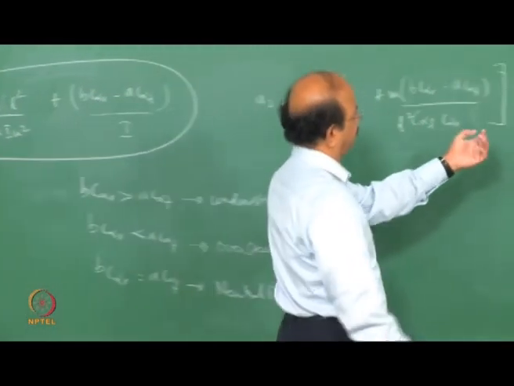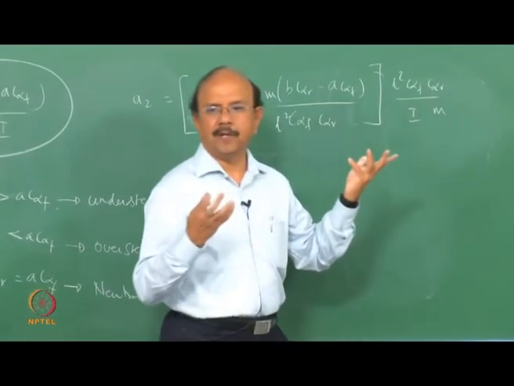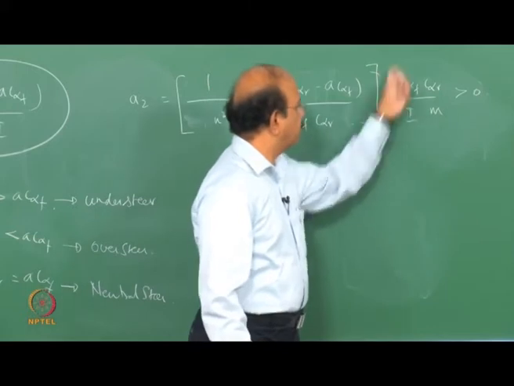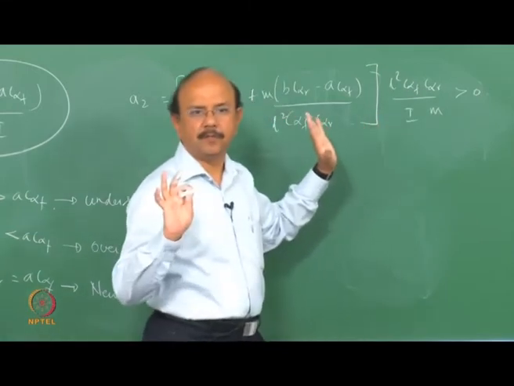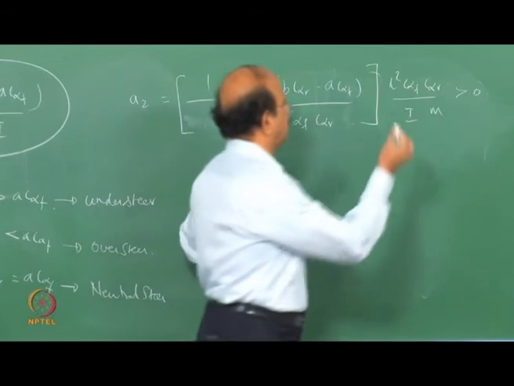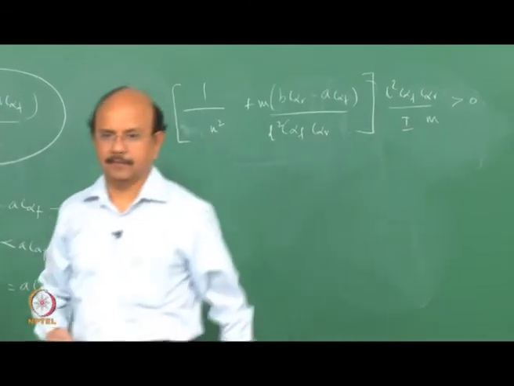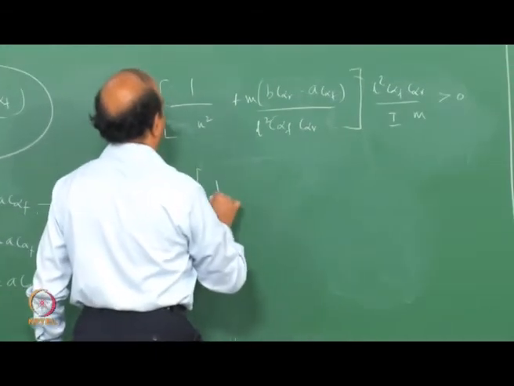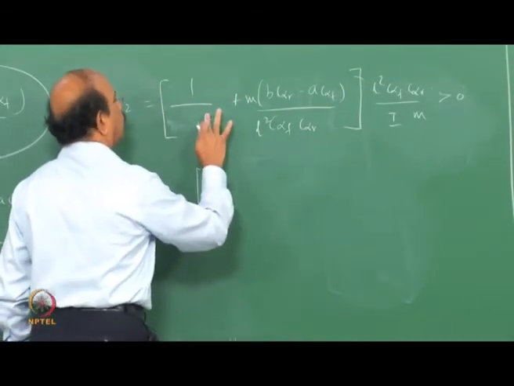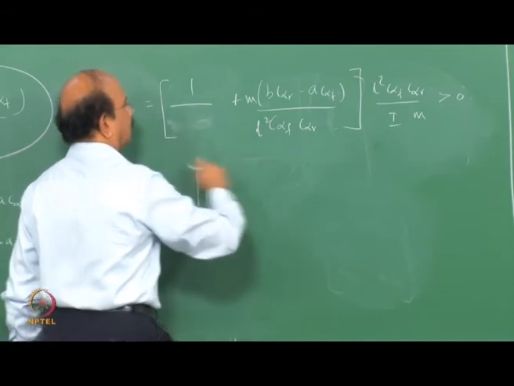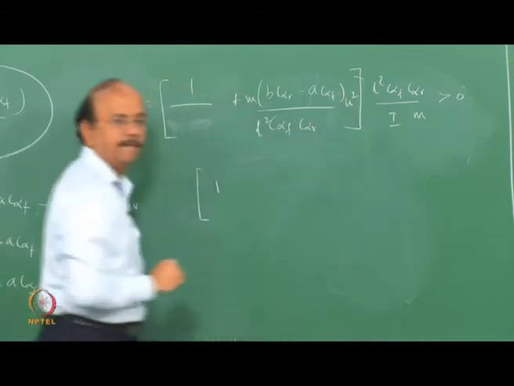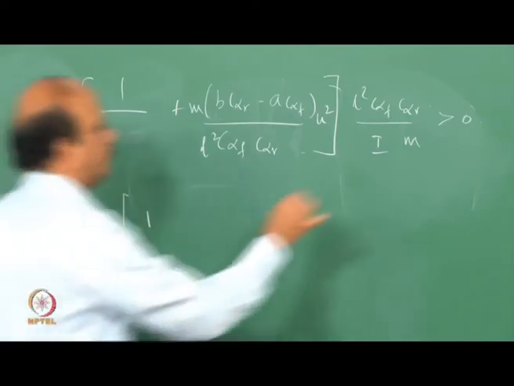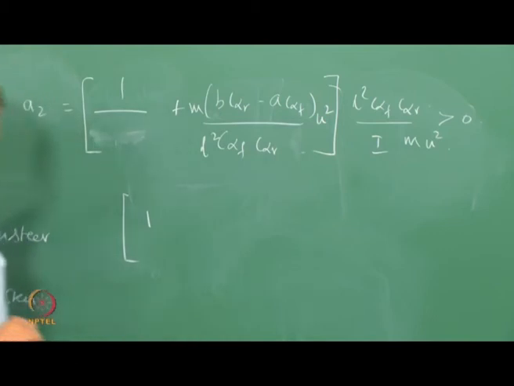So look at all these terms. I want all of this to be greater than 0. These terms are good guys, they're all positive, so I'm not very worried about it. So my condition is actually 1. Let me do one more thing. I'll put this u squared here, and then put u squared like that.